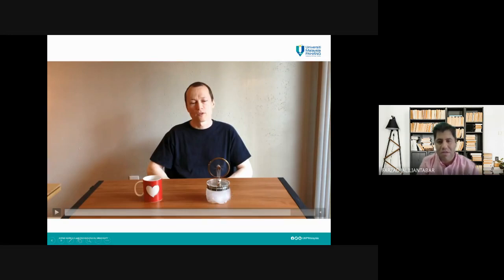In this case, the heat source is the environment because the temperature of the environment, which is on this surface, is higher than the temperature of the ice which is in contact with the bottom surface. So to run this Stirling engine, we need that temperature difference. And this temperature difference, as I said, in contrast with the internal combustion engine, is an external heat source actually.